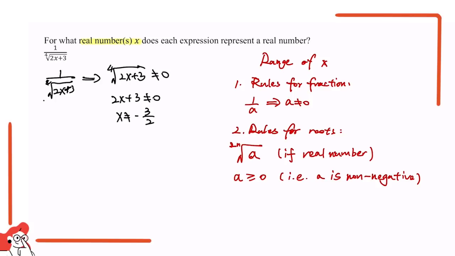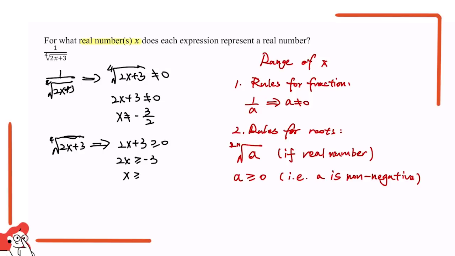And moreover, we also see a root here. So this will give us the fourth root of 2x plus 3, okay? Because this is an even root, it tells us that 2x plus 3 is non-negative. So 2x plus 3 is greater or equal to 0, and moving this positive 3 to the right side of the inequality, this gives us 2x is greater or equal to negative 3, all right?